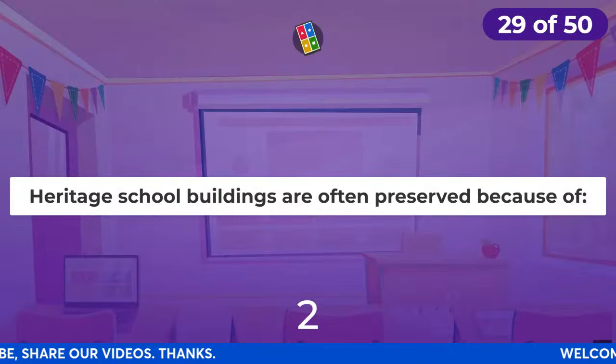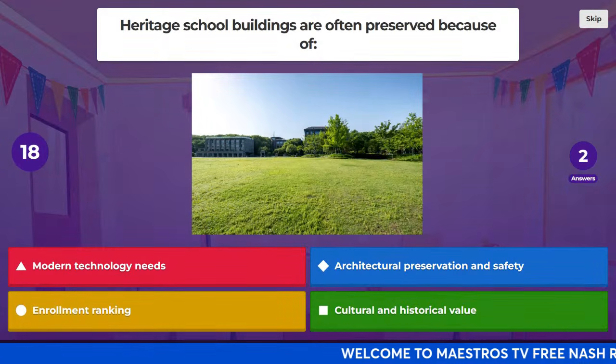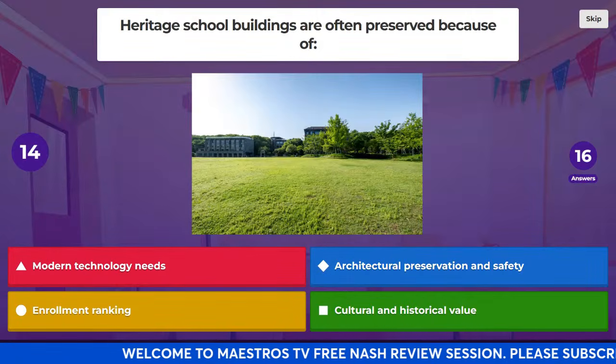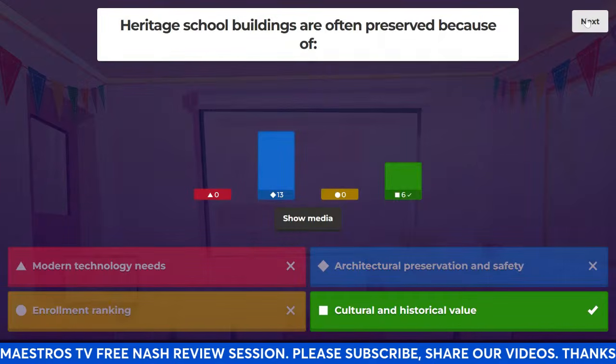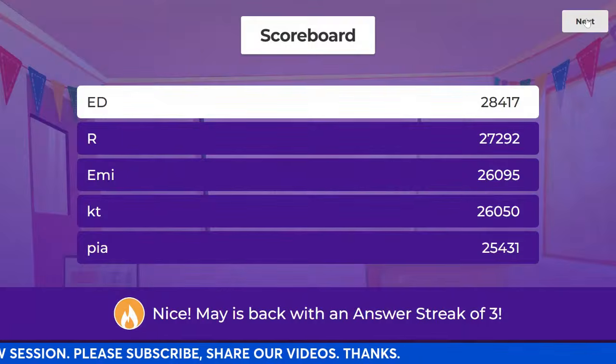Heritage school buildings are often preserved because of their cultural and historical value. Ed, R, Emmy, Katie, and Pia still on the lead.